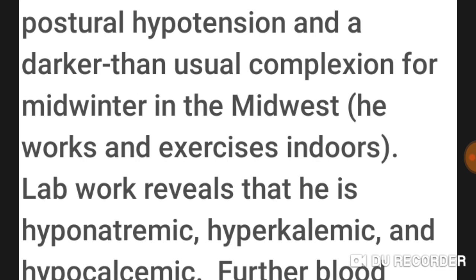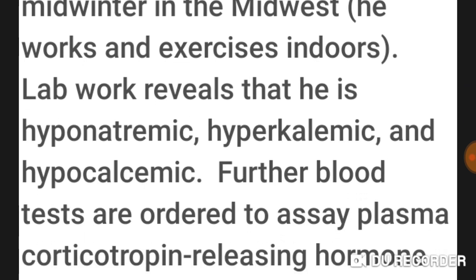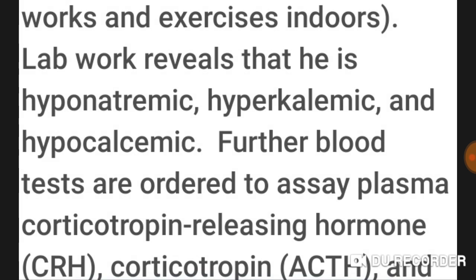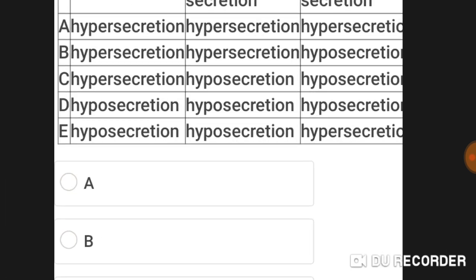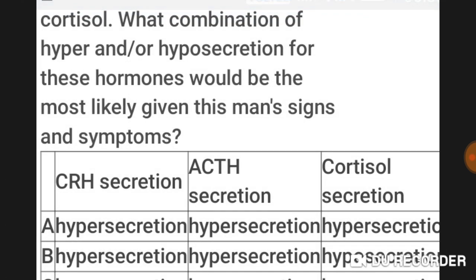He works and exercises indoors. Lab work reveals that he is hyponatremic, hyperkalemic, and hypocalcemic. Further blood tests assay plasma corticotropin releasing hormone, corticotropin, ACTH, and cortisol level. The combination of hyper and hyposecretion of these hormones would be most likely given this man's signs and symptoms.